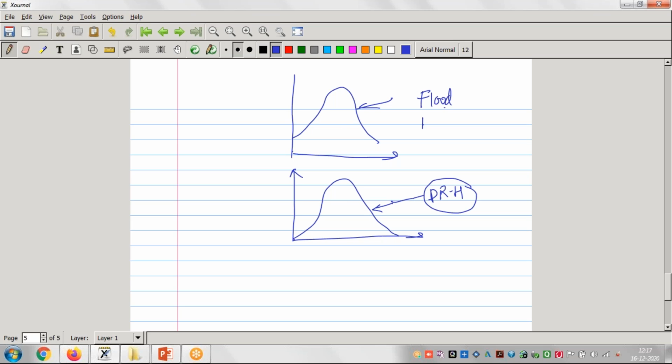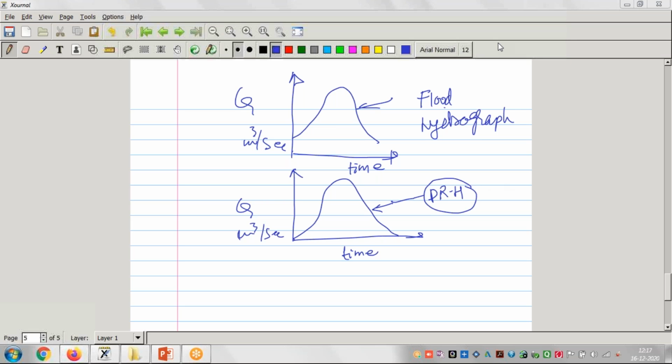Is this clear to you? What is the difference between these two hydrographs? Here it is Q, here it is Q, meter cube per second. I hope it is clear to you.